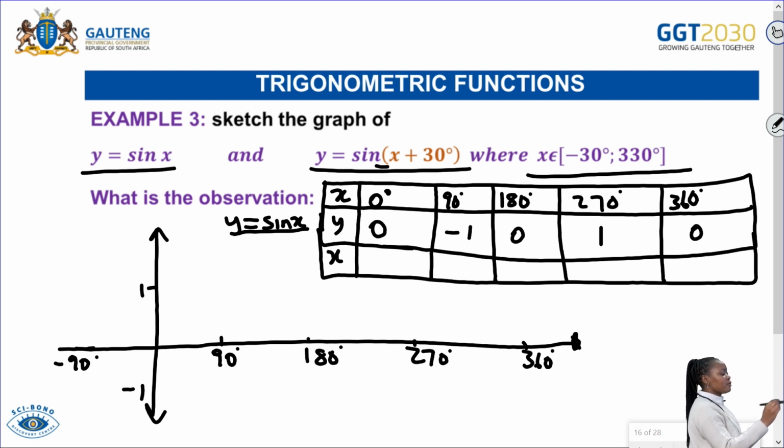So the mother graph says at 0 we have a point 0. And then at 90 we have a point. And then at 180, we have a point. And then at 270, and at 360, we have a point. Let me just double check something.